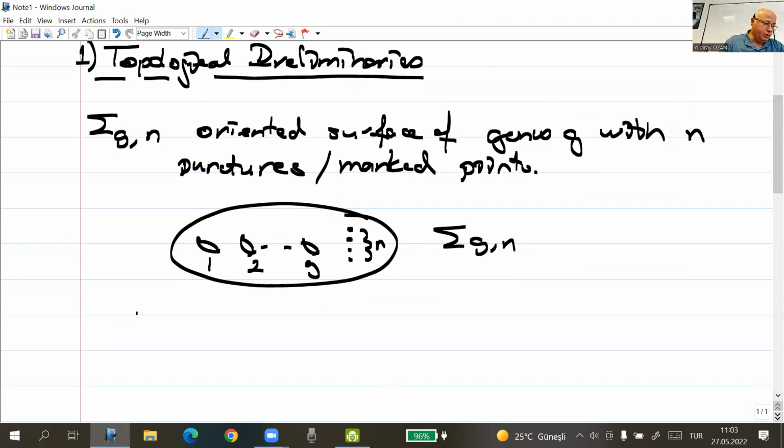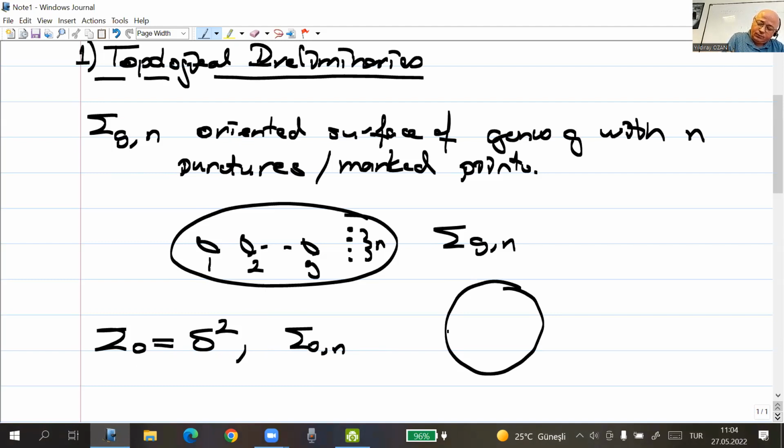In particular, sigma 0 is just the two-sphere. So if we have sigma 0,n, we mean a sphere with n punctured points or n marked points.